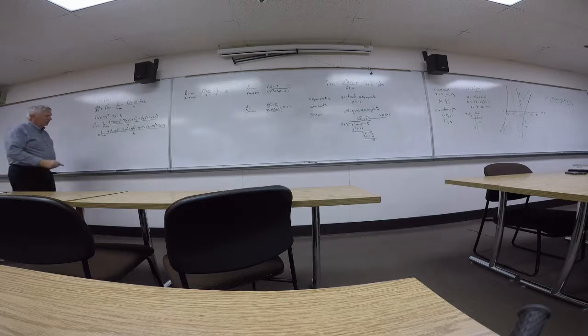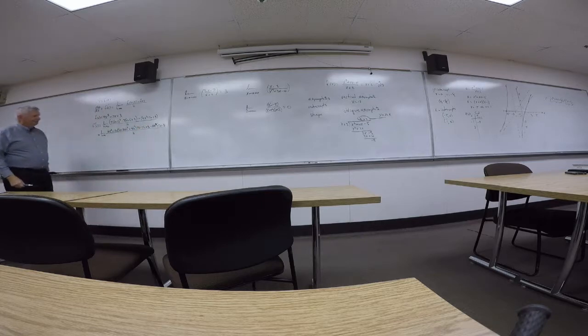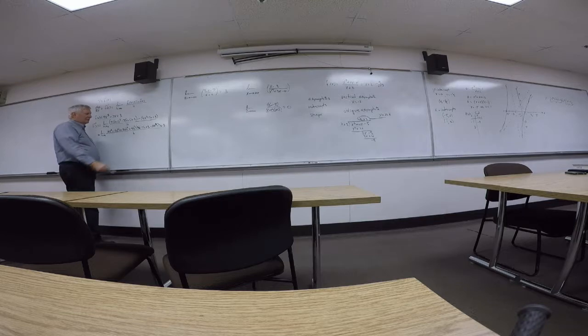Like terms: positive 4x cubed and its opposite negative 4x cubed add out. Negative 7x and positive 7x, opposites, add out. Positive 3 and negative 3 add out.